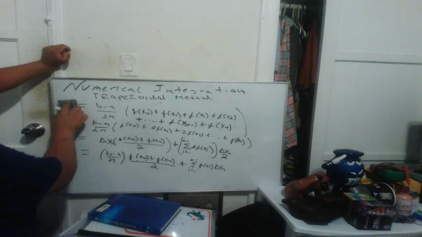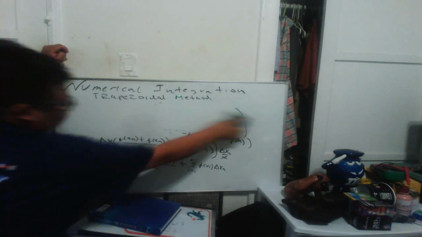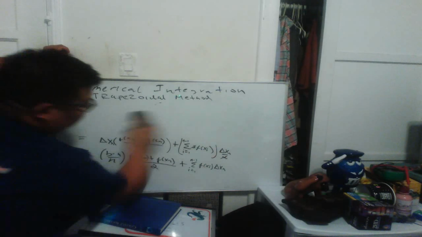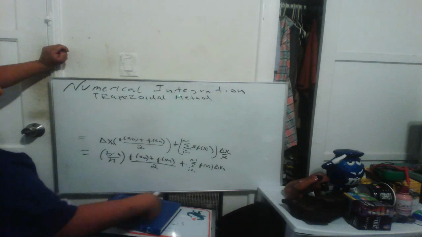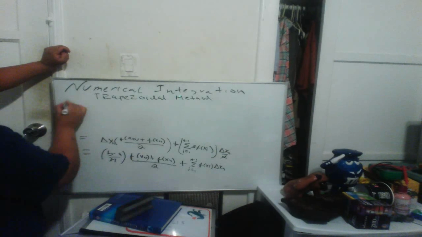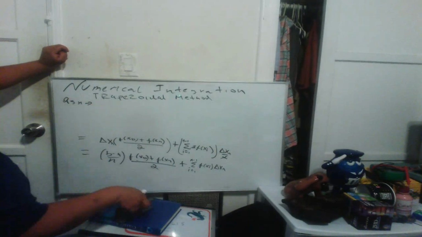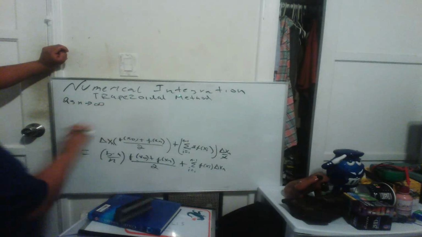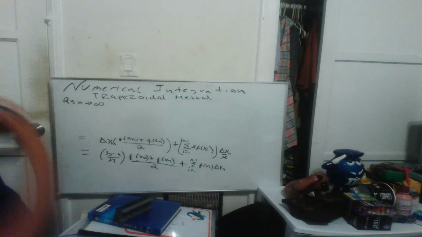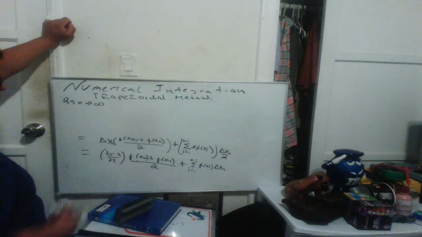Now because we have a numerical approximation, we want to prove that this is actually equal to the area. So as n approaches infinity, we have infinitesimal trapezoids.